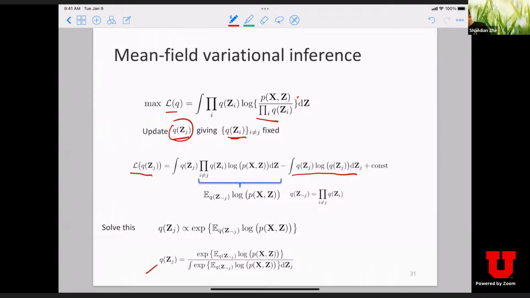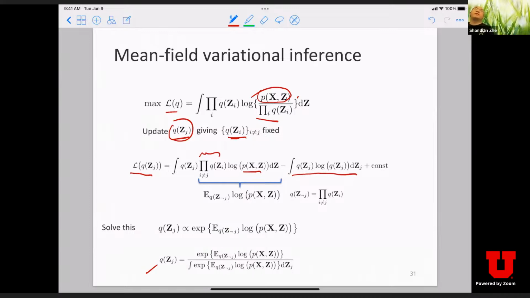And then let us look at the numerator. Because this numerator is the joint distribution of x and all the z's, coupling all the variables in z, you cannot directly throw them out. So in the first term, you have the integral of Q(Z_j) multiplied with the product of the remaining q factors and multiplied with this log joint probability.